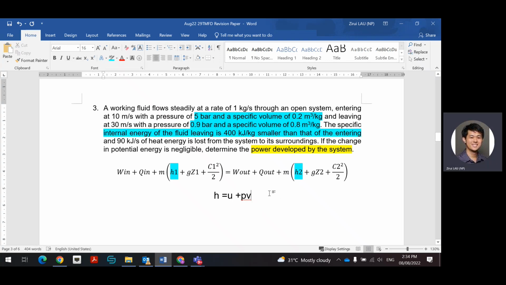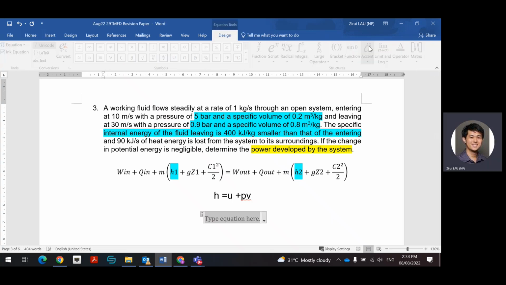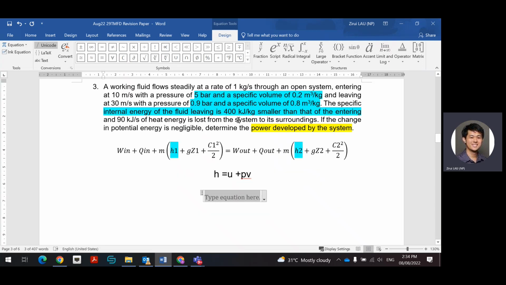So with these three pieces of information, we cannot calculate H1 and H2 individually, but instead we need to calculate the difference between H1 and H2, because of the information given to us.